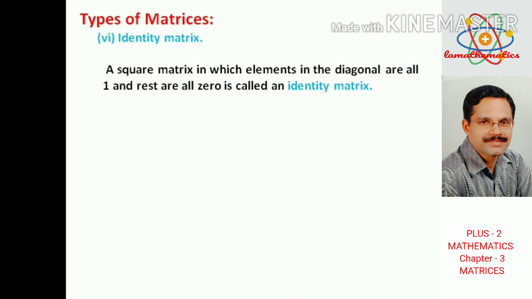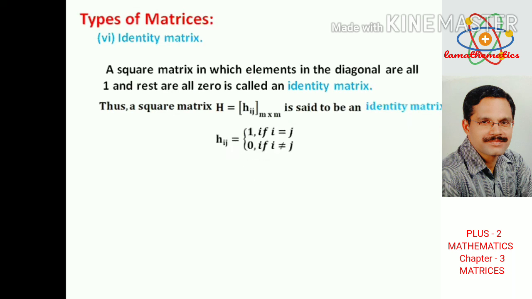are all 0 is called an identity matrix. Thus, a square matrix capital H equal to matrix Hij m by m is said to be an identity matrix if Hij equal to 1 if i equal to j, 0 if i not equal to j.